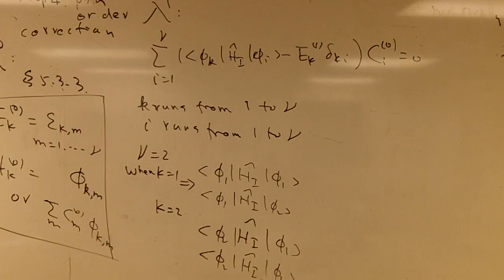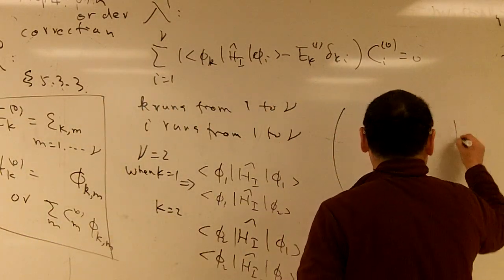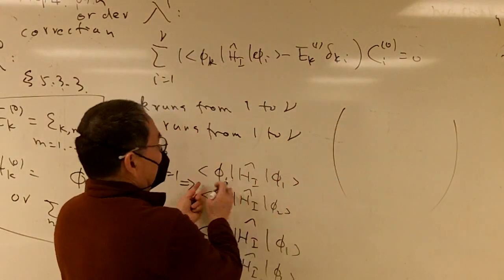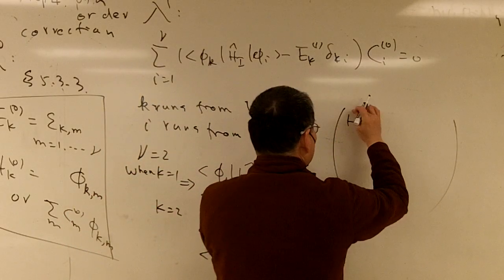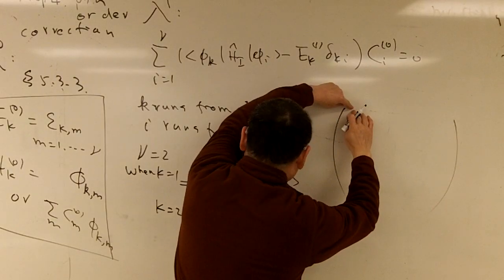So this is a matrix. If I write this down, this would be a 2 by 2 matrix. I'm going to make things a little simpler because this is much harder to write. I'm going to write the matrix elements directly without the hat. So now I do not have the hat anymore because these are the matrix elements.